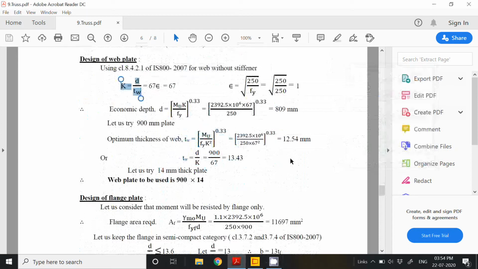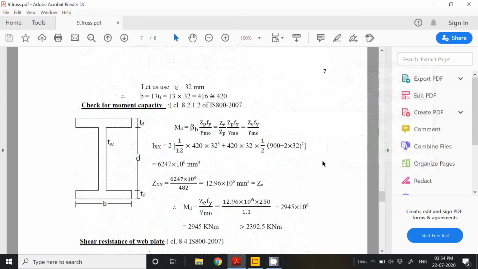Either of these we can do. So here we can see that using this condition we get 13.43, and using this condition we get 12.54. So let us take 14, which is satisfying all the conditions. So ultimately the web is 900 by 14, 900 depth and 14 is the thickness.